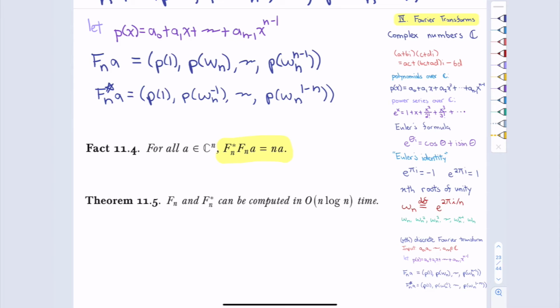So I take coefficients, evaluate, get some values, interpret the values as coefficients, evaluate, get some values. That second set of values gives you the original coefficients times n. You can divide by n to get the exact coefficients. But the point is that Fn star basically will undo Fn.